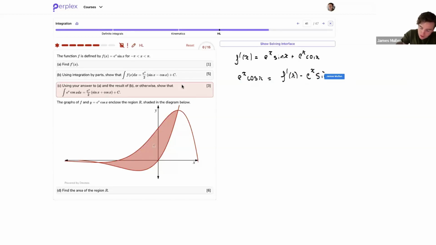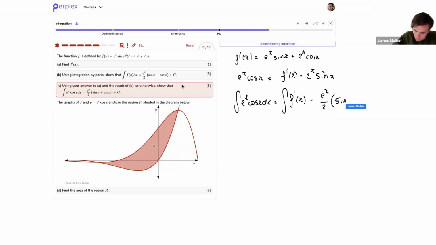All right, and therefore, if I integrate both sides, the integral of e to the x cos of x dx is equal to the integral of f prime of x minus the integral of e to the x sin of x, which is I, the integral that we found in part B, which is e to the x over 2 times sin x minus cos x.